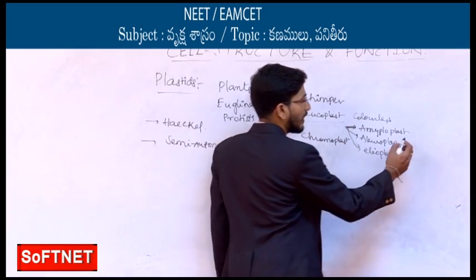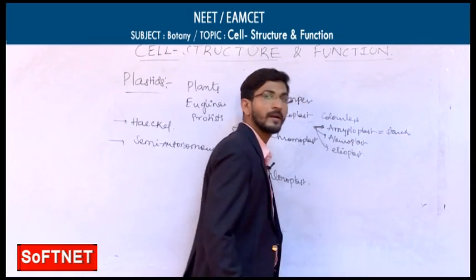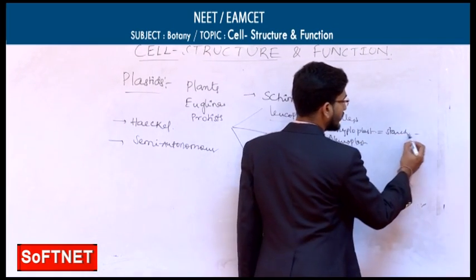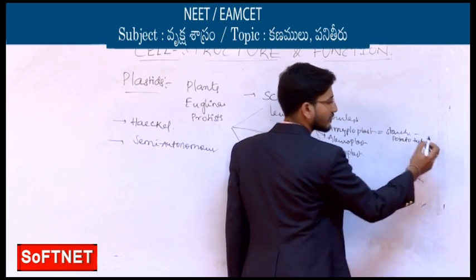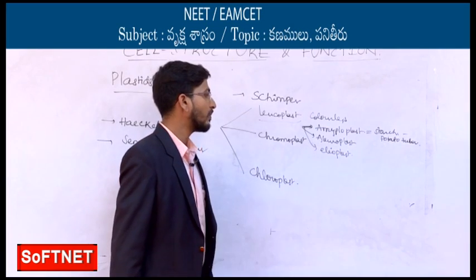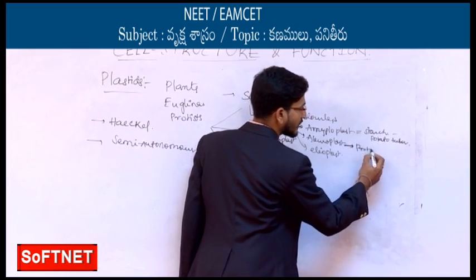Amyloplast generally stores starch. An example is the potato tuber. Then alluroplasts generally store protein substances.